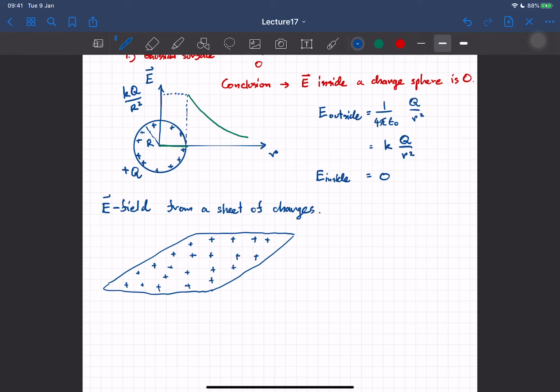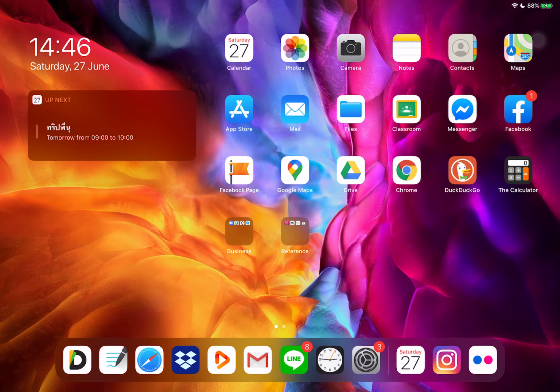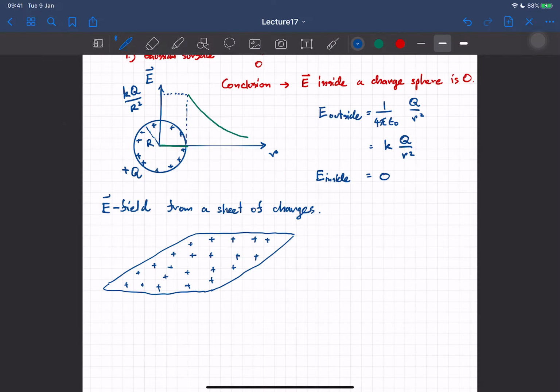So this is a new kind of thing, but conceptually it's not too difficult to understand. We're going to define this parameter. This is sigma, the Greek letter, lowercase sigma.